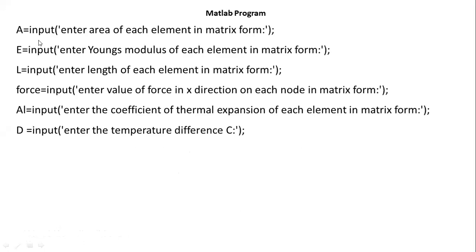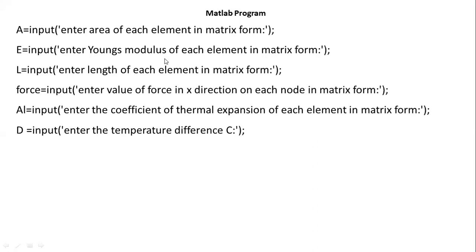Again, some more information we need to define. Area input: enter area of each element in matrix form. There are 2 elements, so 2 areas of cross section, 900 and 1200. E input: enter Young's modulus of each element in matrix form.